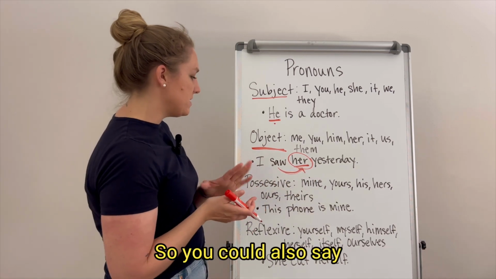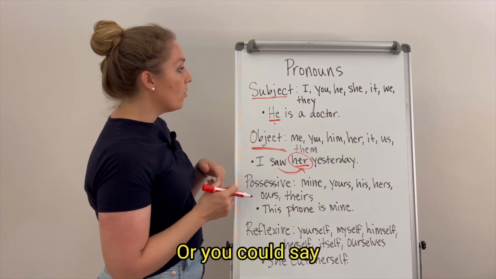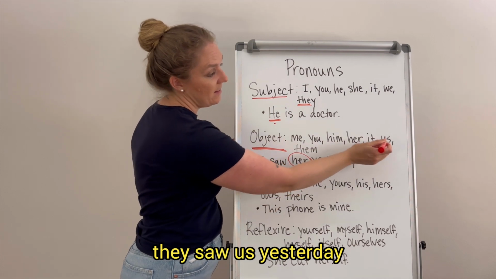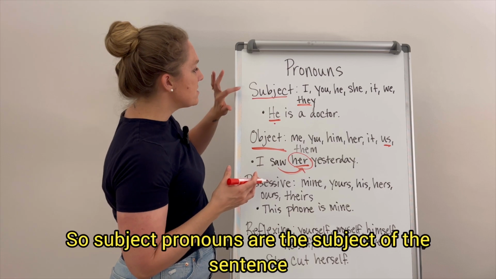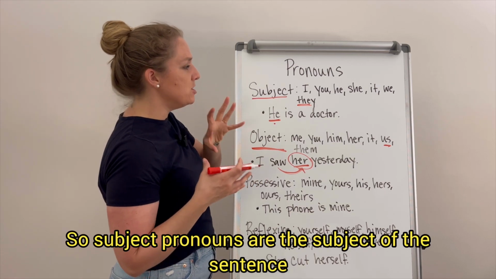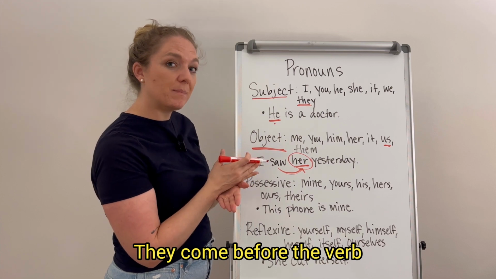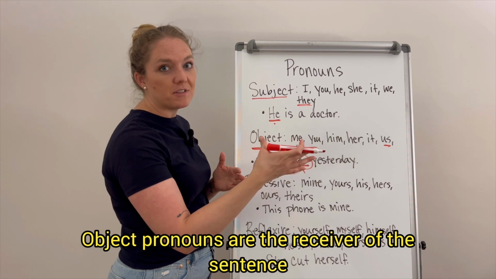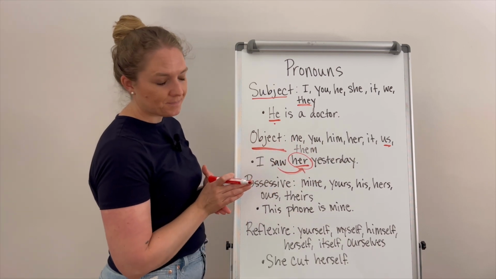So you could also say, I saw them yesterday, or you could say, they saw us yesterday, us coming after the verb. So subject pronouns are the subject of the sentence. They come before the verb. Object pronouns are the receiver of the sentence. They come after the verb.